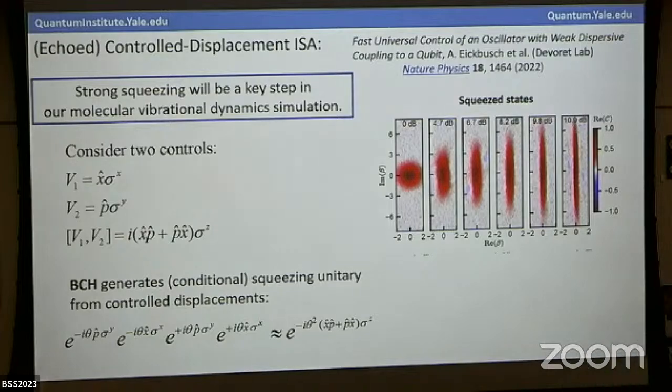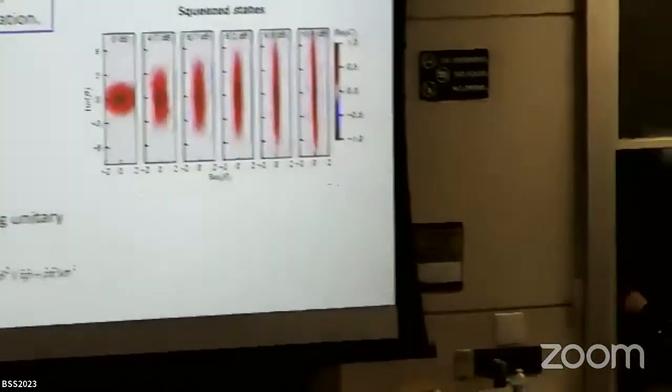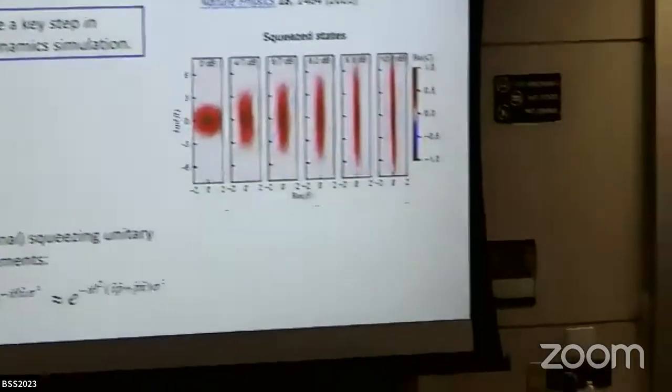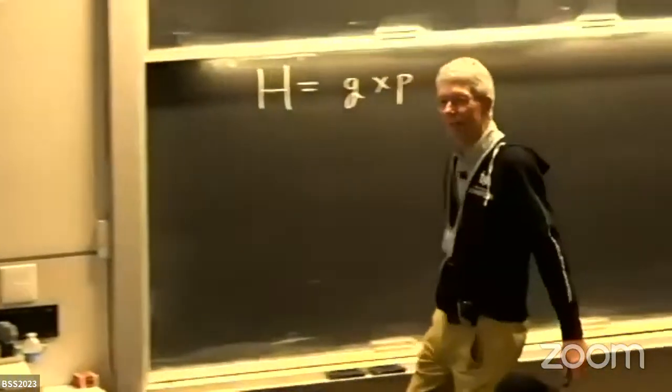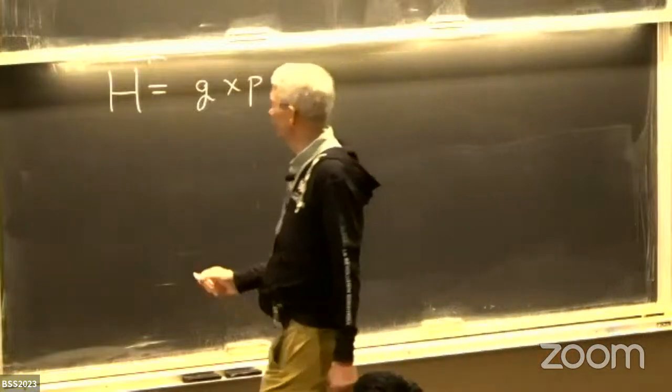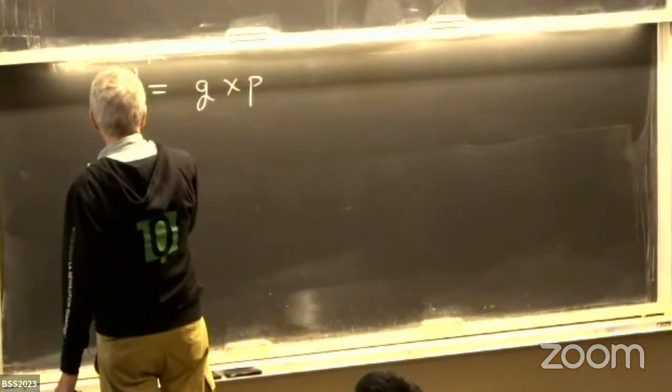Okay, so this is the quantum squeezing Hamiltonian. X and P have to be symmetrized so it's Hermitian, blah, blah, blah. Let's just do classical physics. This is the squeezing Hamiltonian for an oscillator. Remember Hamilton's equations of motion.